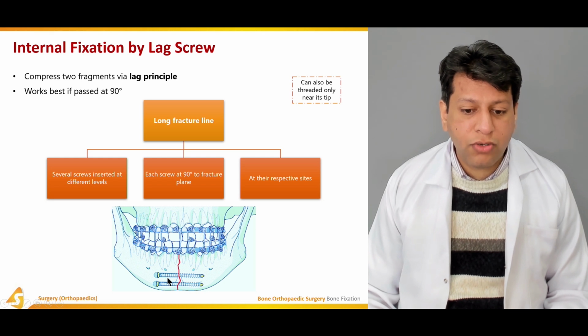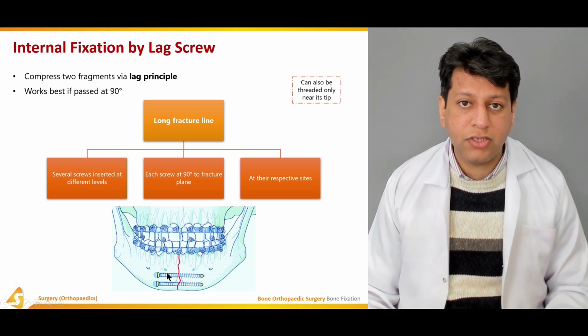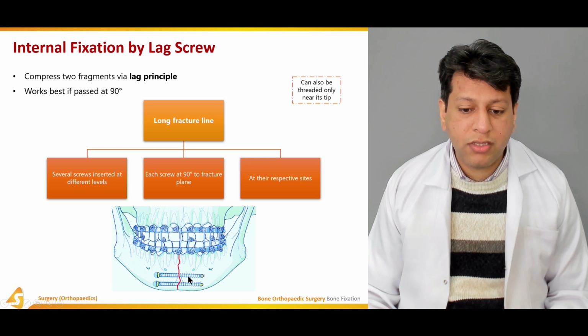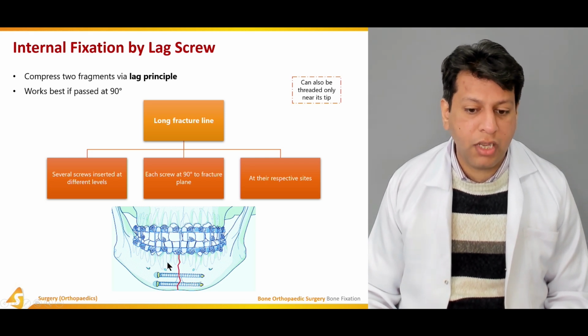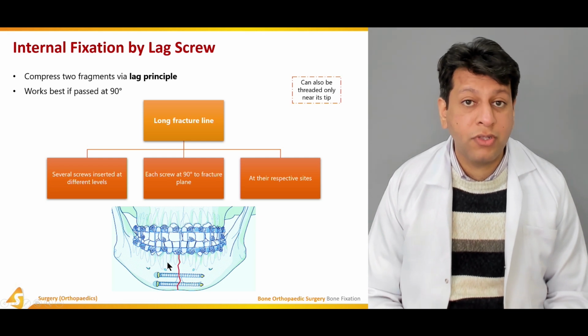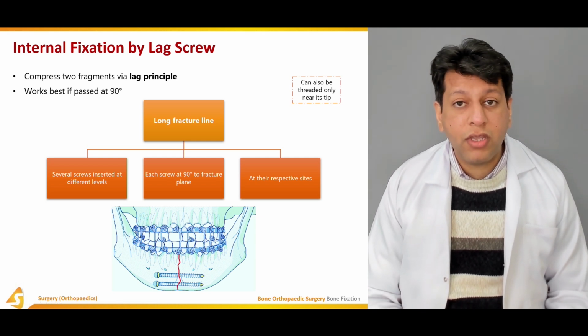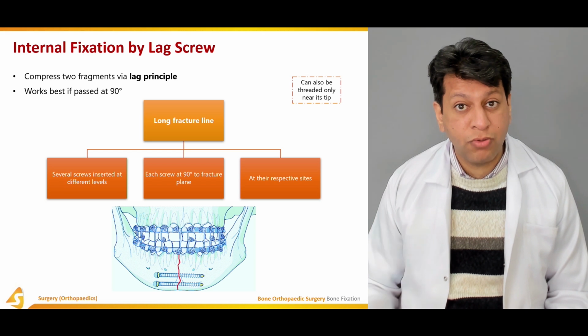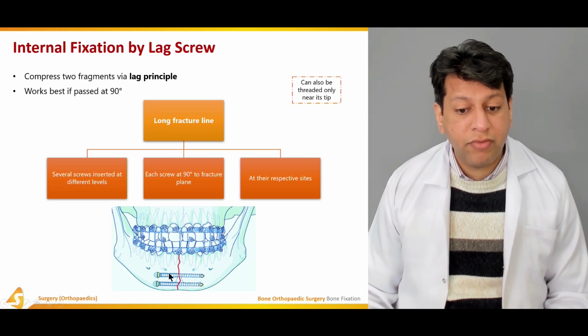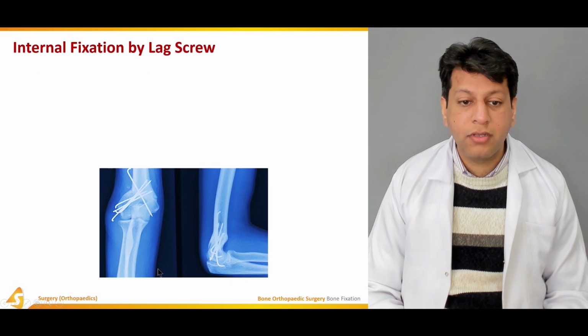So it's not holding this very rigidly, but it's only holding this area very rigidly. Therefore, it pulls this fragment towards this fragment, forming a lag principle. Or the other way we can do it is to use a partial threaded screw. That is, this side of the screw is plain and only the screw pitch is on this side. Therefore, it will pull this fragment towards this side.